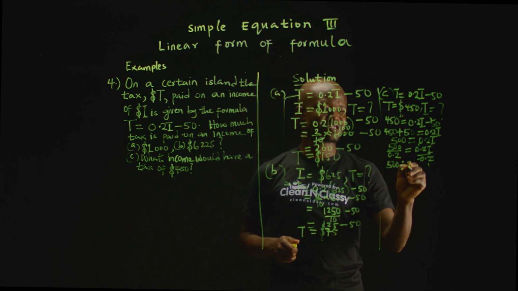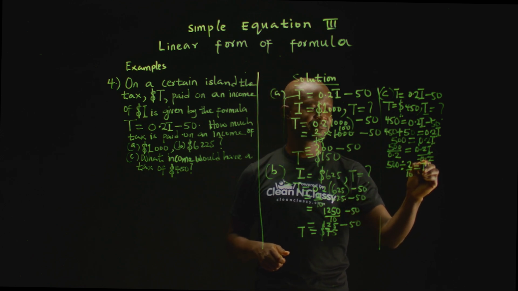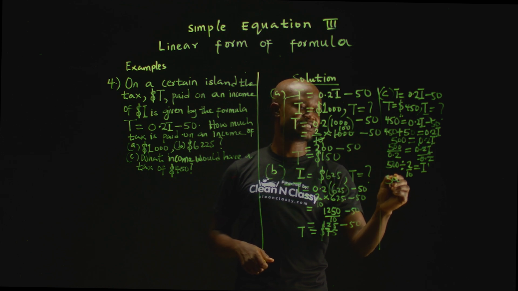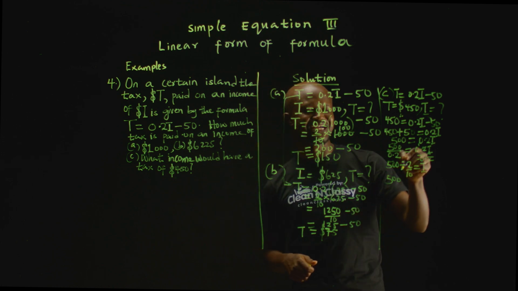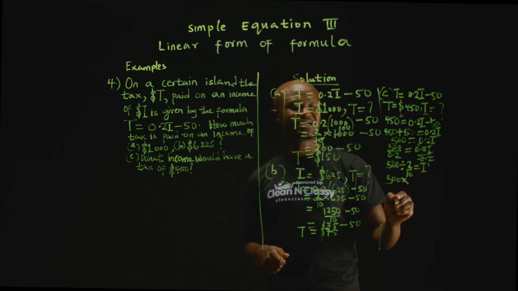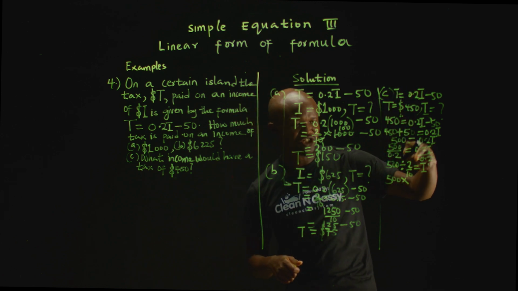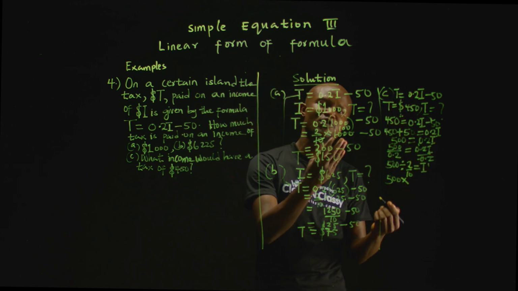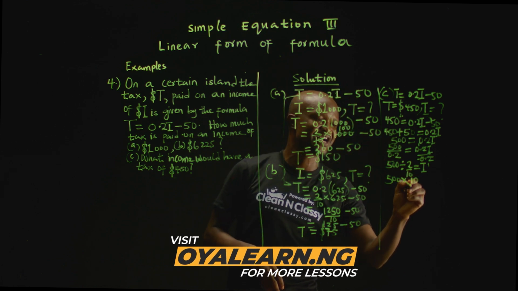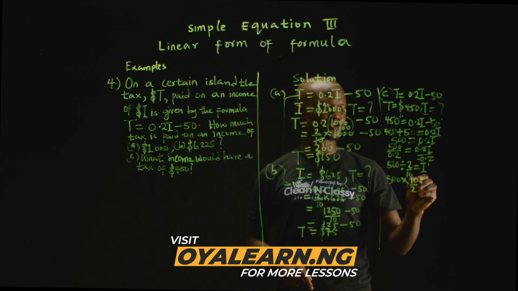That is 2 divided by 10. So this equals I. So this is 500. We are going to change the division symbol now to multiplication. Then the denominator will become the numerator, while the numerator will become the denominator when you are converting division to multiplication. So this will be times 10 divided by 2. So this equals I.